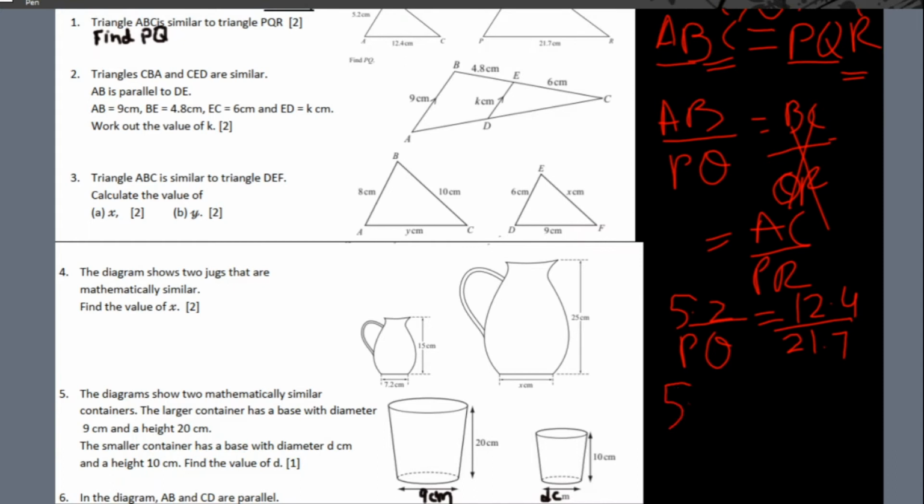Now simply cross multiply this. 5.2 times 21.7 over 12.4 equals PQ. This gives me 9.1 as answer for question 1.